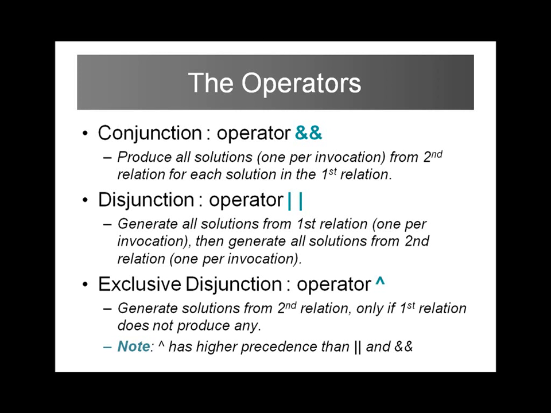Now if that succeeds, then it repeats evaluating the second argument all over again until the second argument fails. You can think of a simple description for its behavior as: it produces all solutions from the second relation for each solution in the first relation.